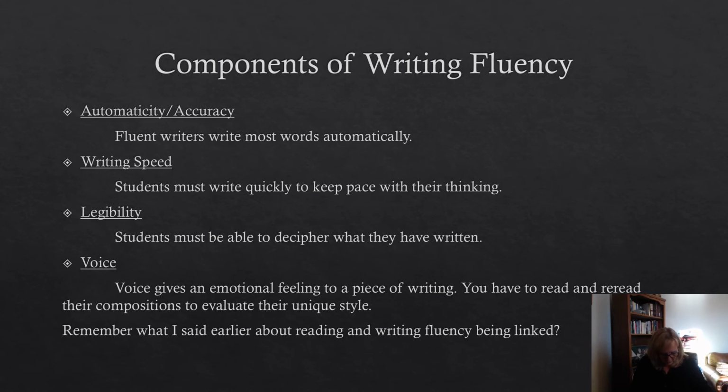I would take a picture of it. I would run it off. I would copy it somewhere, but I would hang on to that, because every single one of those are going to help you remember how to help with fluency.